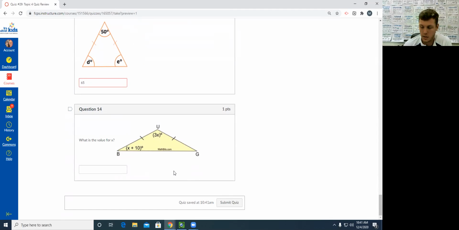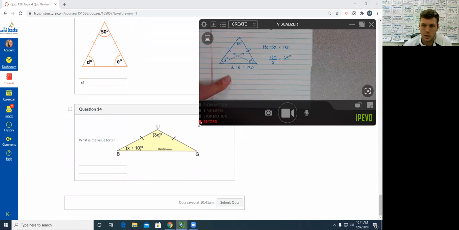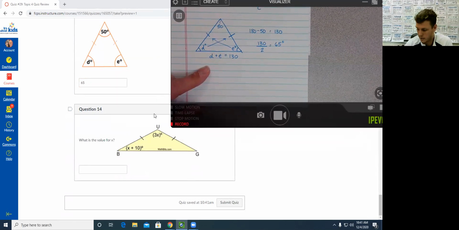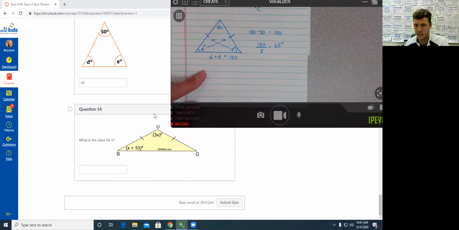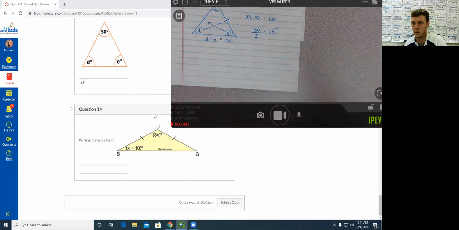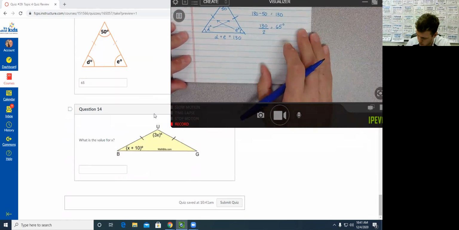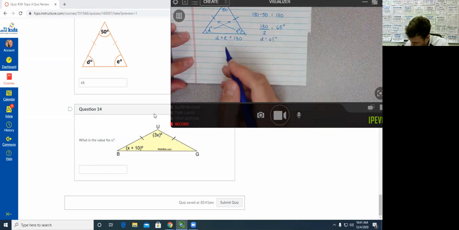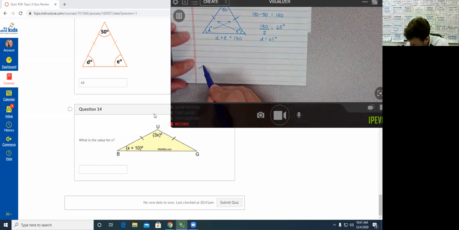All right, last question. We'll go ahead and jump right into it. Okay, so the last one right here says, what is the value for X? Okay, well, once again on this one, we have another isosceles triangle.